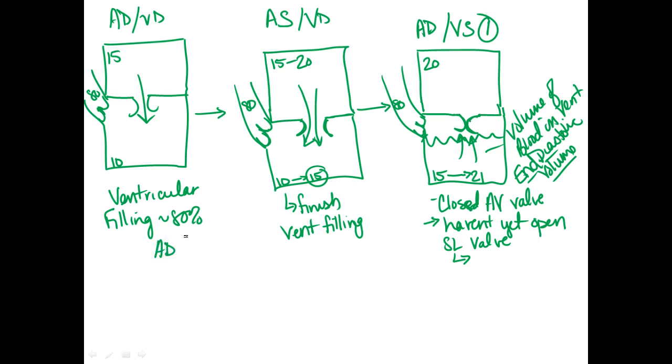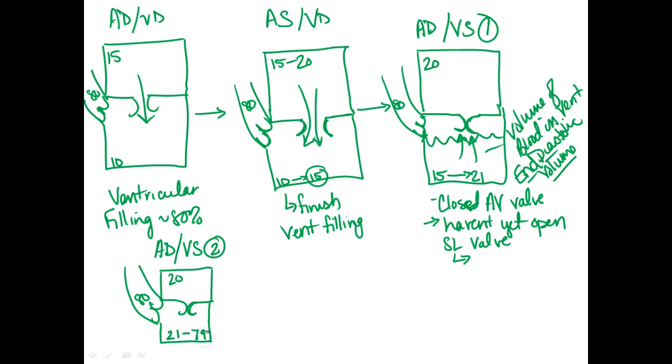Atria still in diastole. So now we've made it to 21, but we're contracting, and we're making it up to 79.